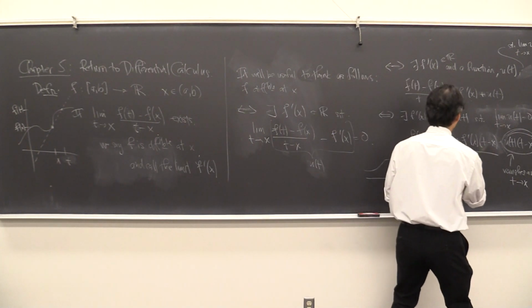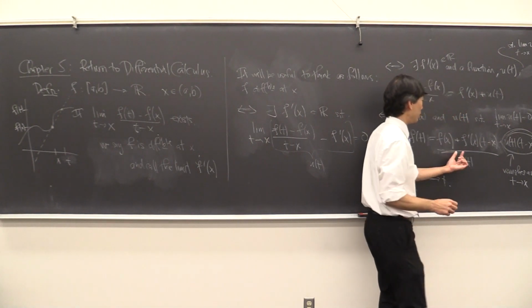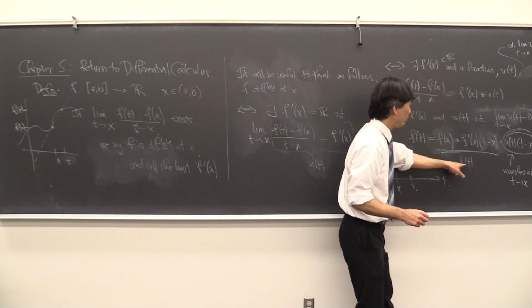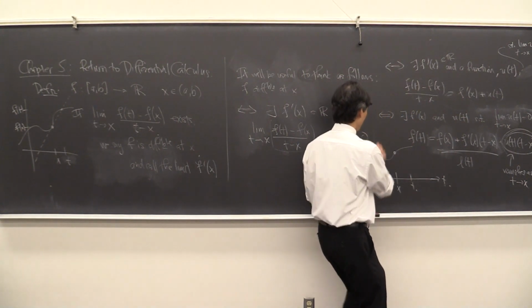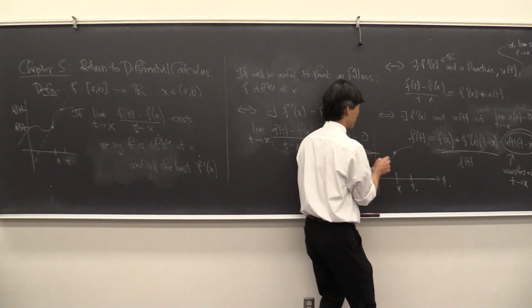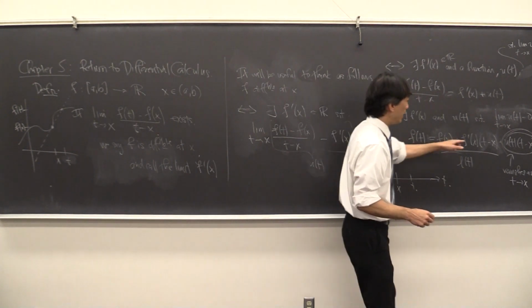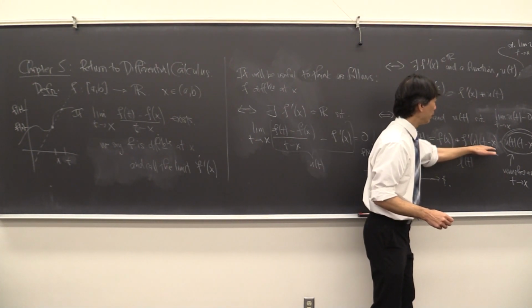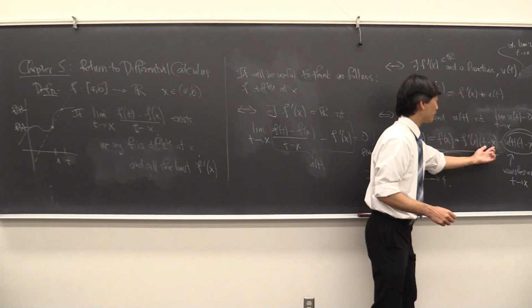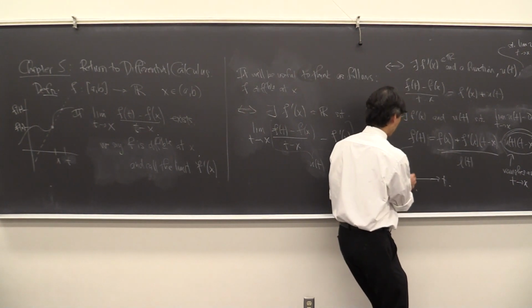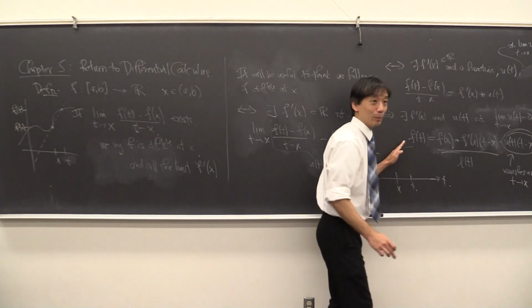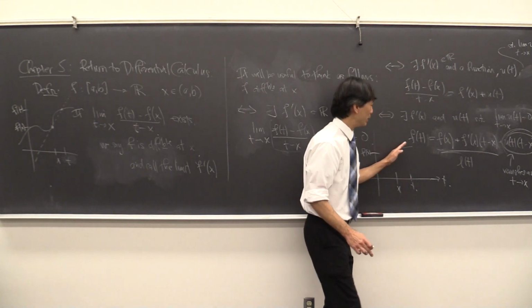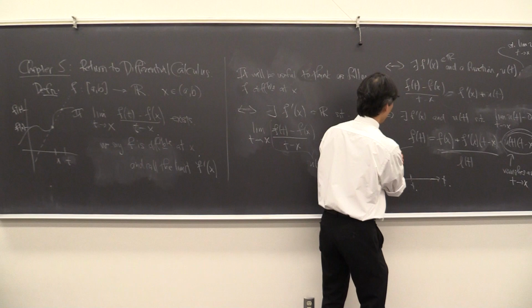If I call this thing L of t, think of what it does, right? When t is x, L of x is going to give me f of x, right there. And then as you move farther away, you're going to add on the distance. If my t is some other point here, I'm going to take that distance and multiply by the slope, the derivative there, and add that thing on.